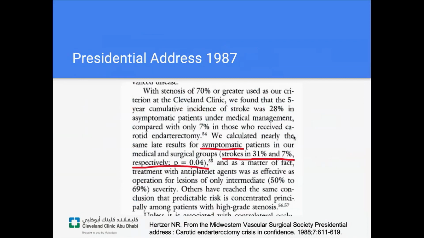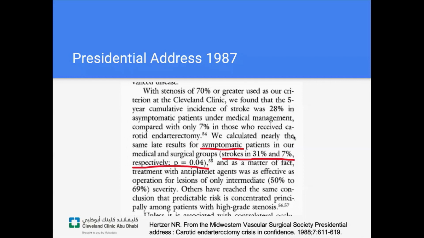This is a presidential address from Norm Hertzer, one of our chairmen emeritus at the main campus at Cleveland Clinic, during a Midwest Vascular presidential address in 1987. Basically, looking back at the Cleveland Clinic data, they were able to show that for symptomatic patients, comparing medically managed groups and surgically managed patients, the strokes were 31% and 7% respectively over a 5-year period.